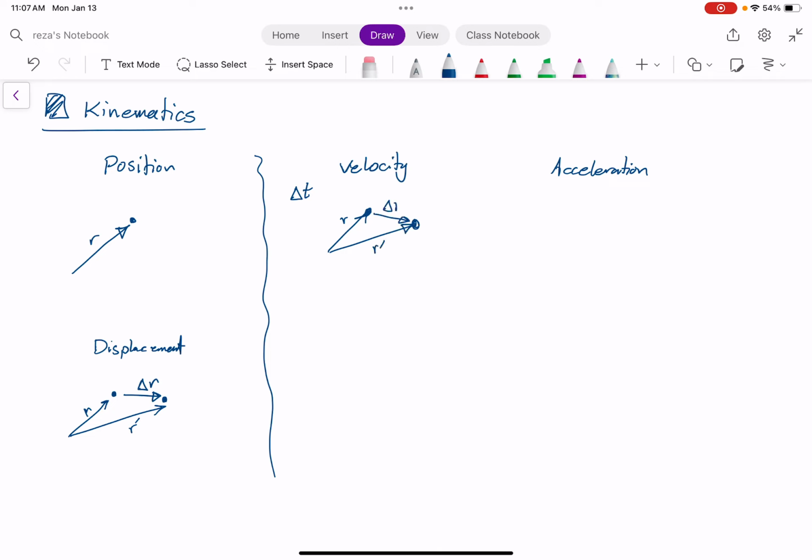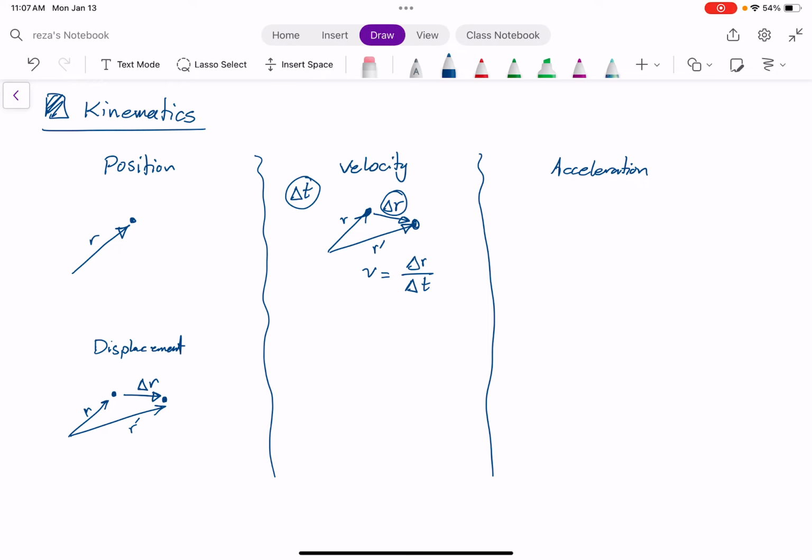This is your displacement delta R. Your velocity is how much you have displaced divided by how much time has passed. So velocity is very roughly speaking delta R over delta t. We usually use letter V for it. And that is velocity, change in position relative to how much time has passed.